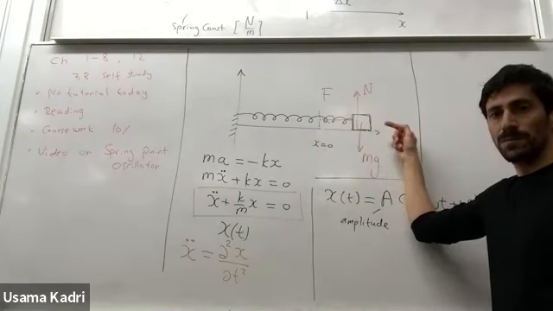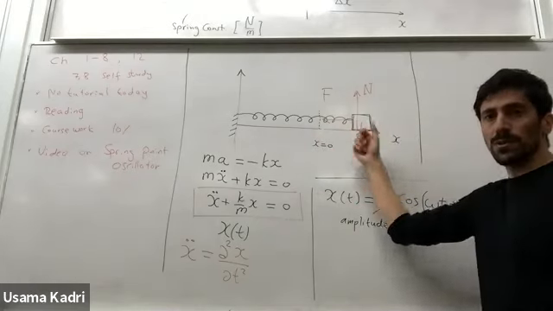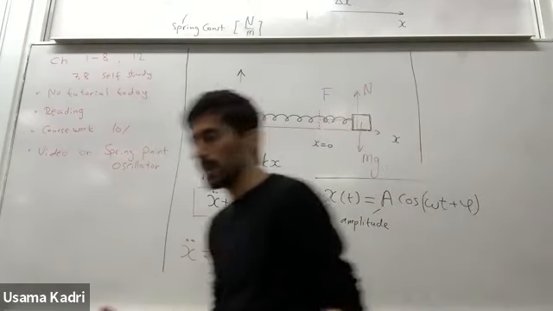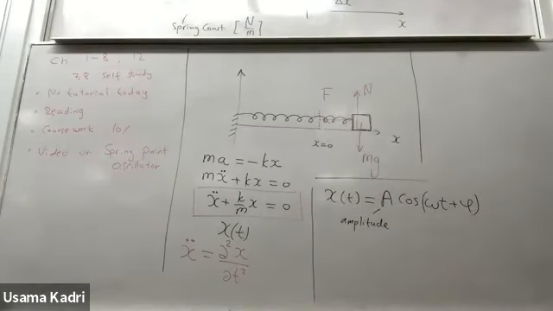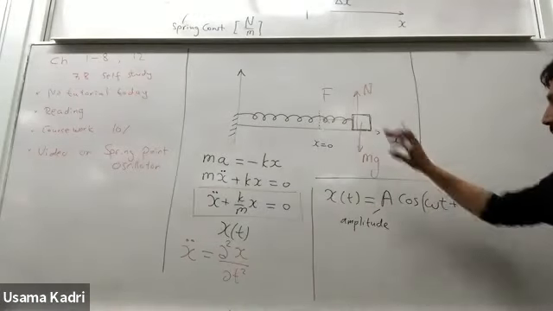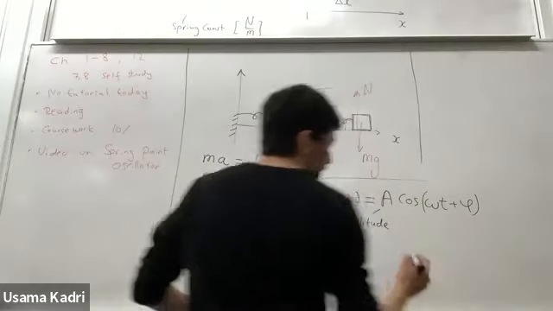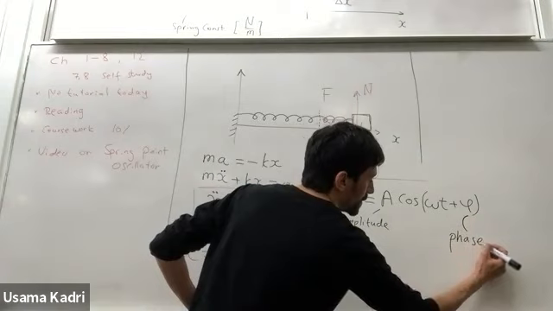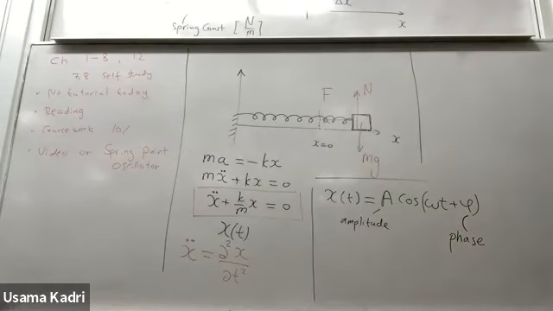I can push it in that direction or in this direction, and that would determine the amplitude. But that extra velocity that I'm giving is what is hidden here, which is the phase angle.